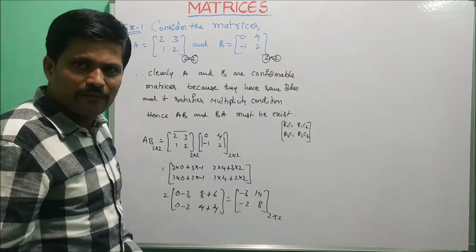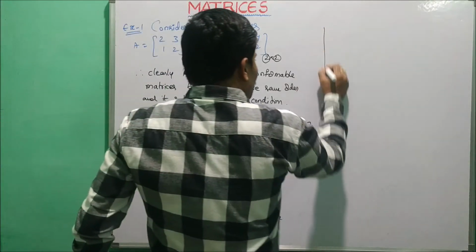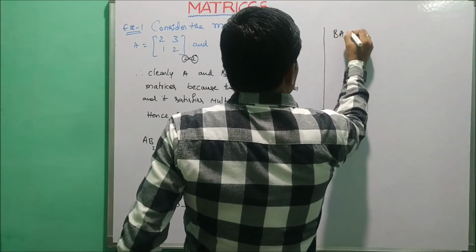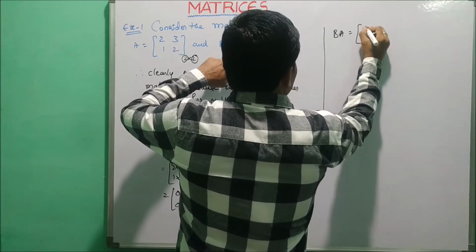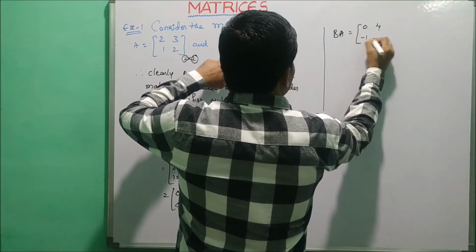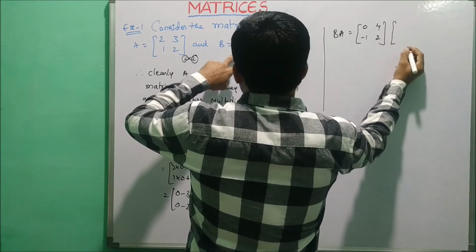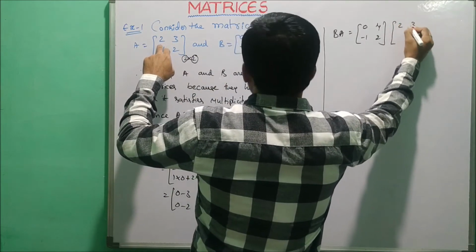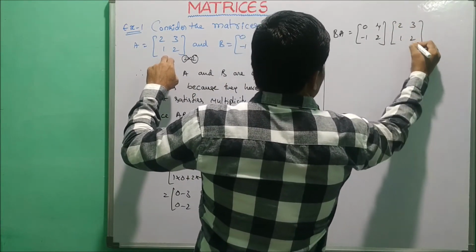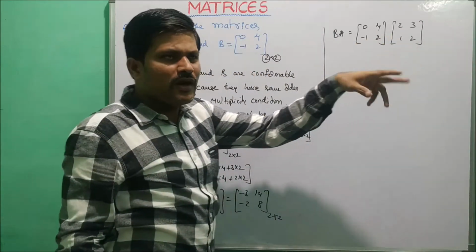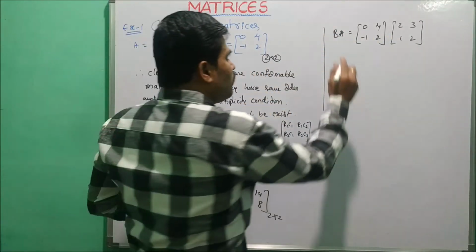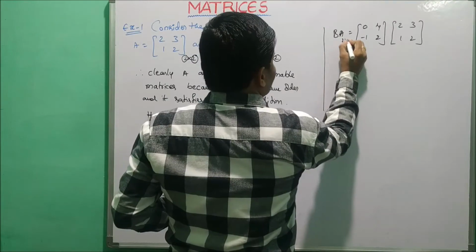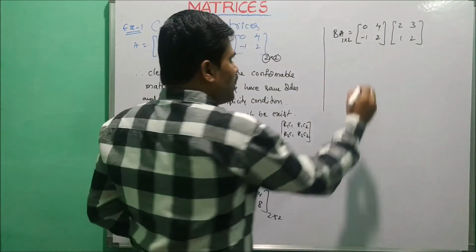So this is AB. Similarly, to find BA, first we write the second matrix B: 0, 4, -1, 2, and also the first matrix: 2, 3, 1, 2. Here we observe these have the same order, 2 by 2, so the resultant matrix is also of order 2 by 2.